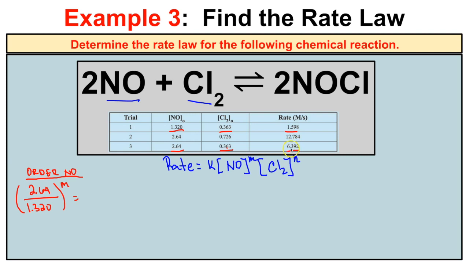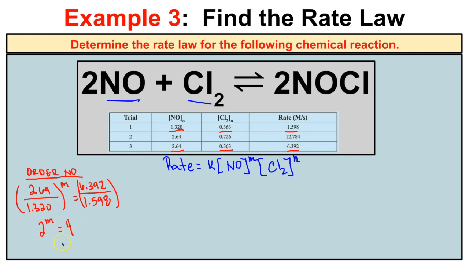The higher of our 2 rates is 6.392, divided by the lower of our 2 rates, which is 1.598. When we put this in our calculator, we end up with 2 to the m, and when we take this divided by this, we're going to get 4.